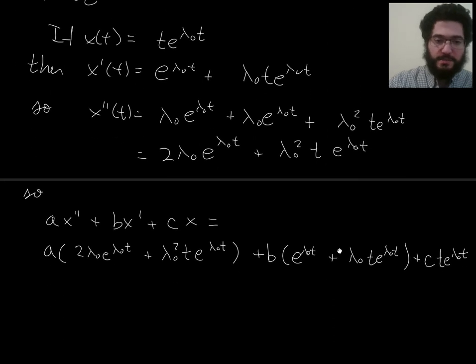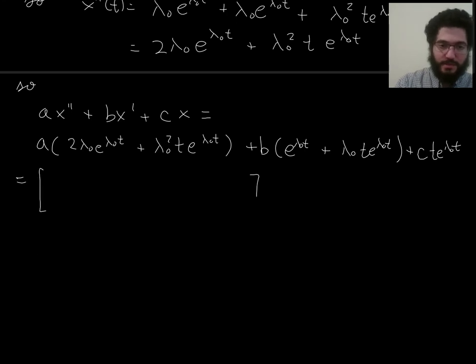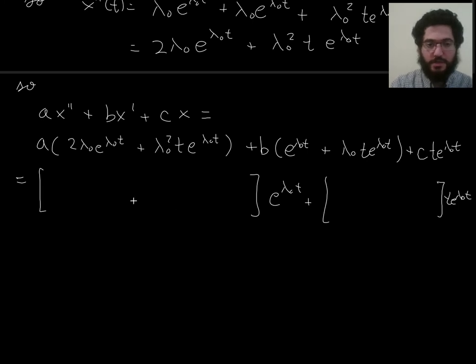As far as functions of t are concerned, what I've got here is basically two different functions of t: e to the lambda naught t and t e to the lambda naught t. So I'm going to write stuff times e to the lambda naught t plus stuff times t e to the lambda naught t, and see if I can show that the stuff on either side is 0.